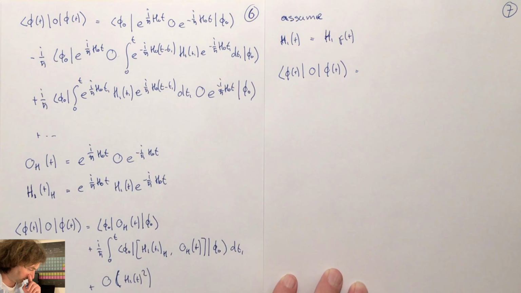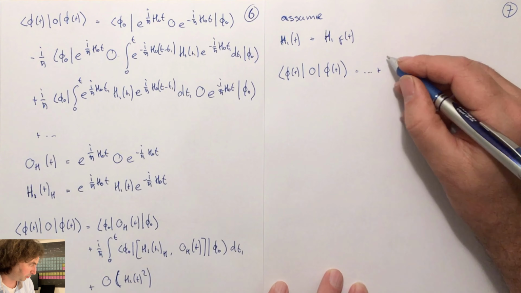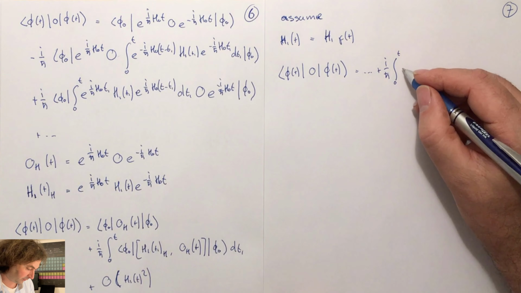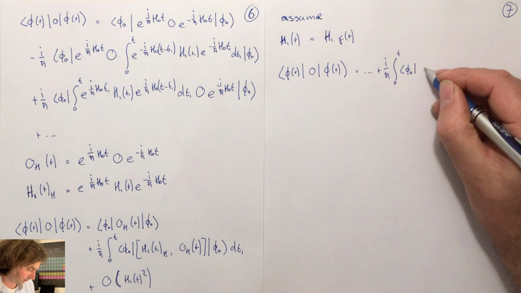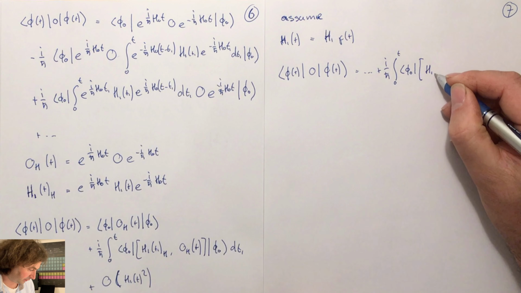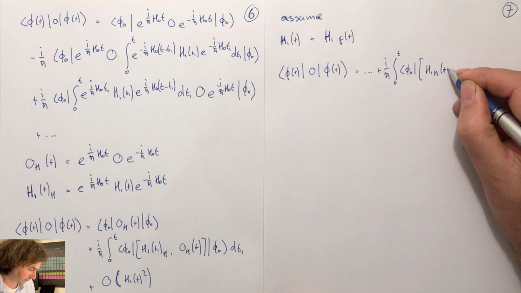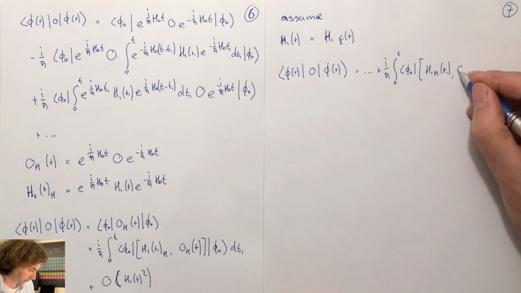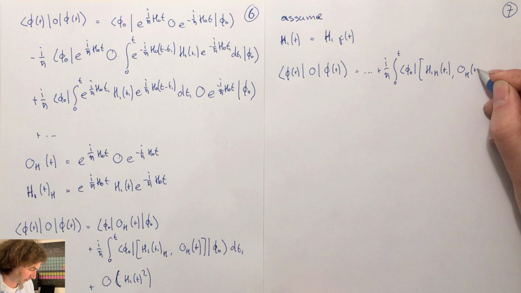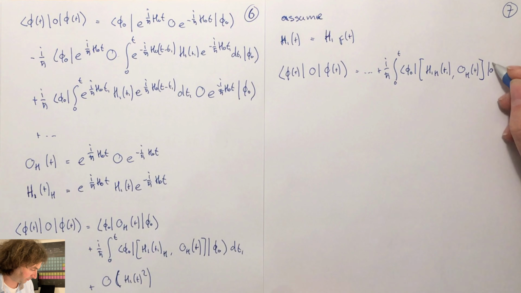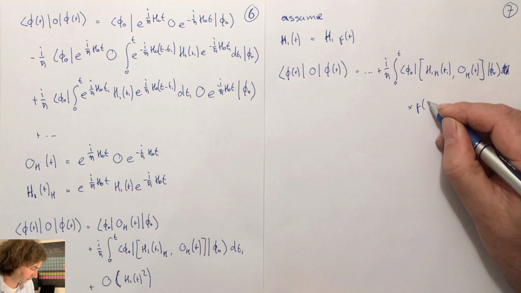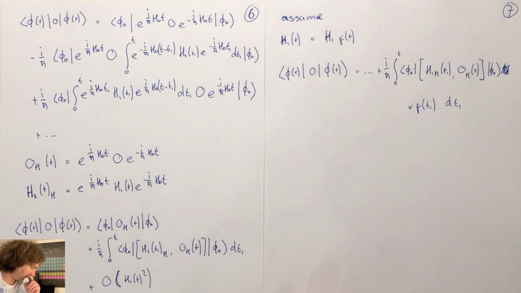Because in this case this is given by the zeroth order plus i over h bar integral from 0 to t, psi 0, and now we can take here h1H of t1. So this is the time-independent operator in the interaction picture commuting with the time-independent operator O in the interaction picture, psi 0, times our function f of t1 dt1.